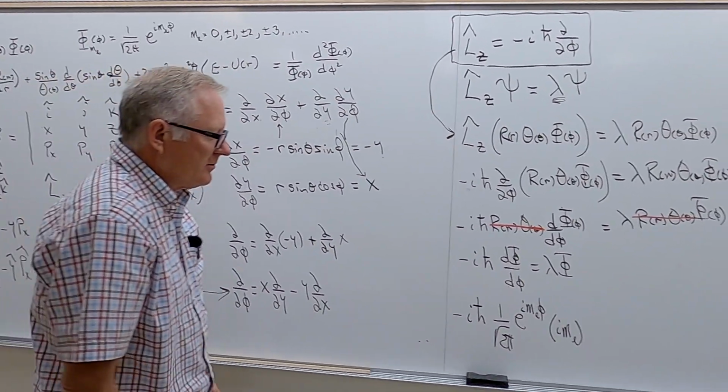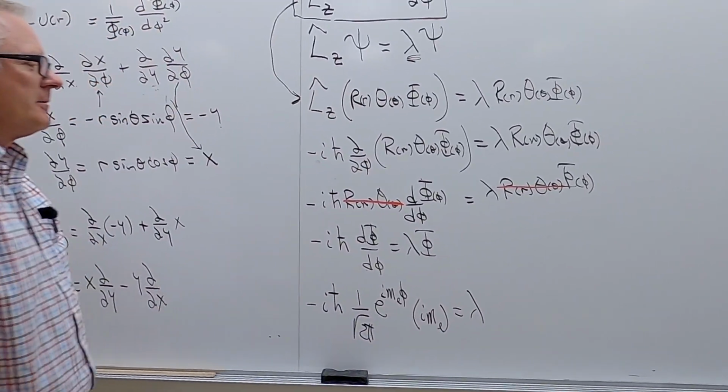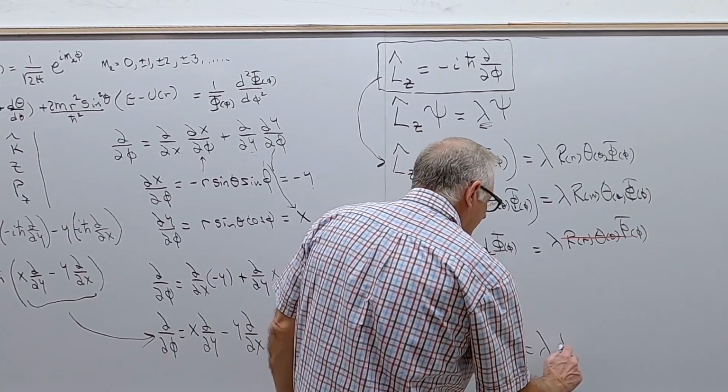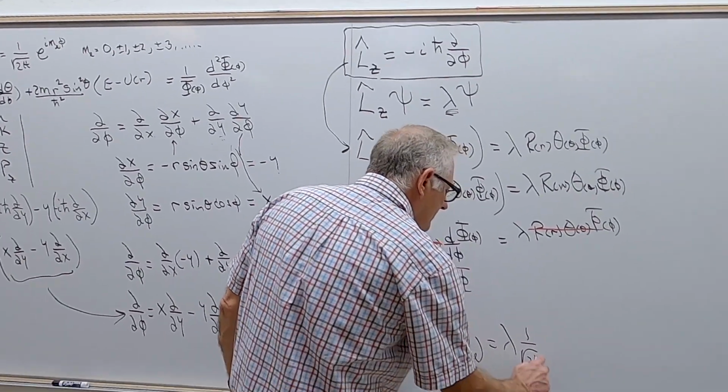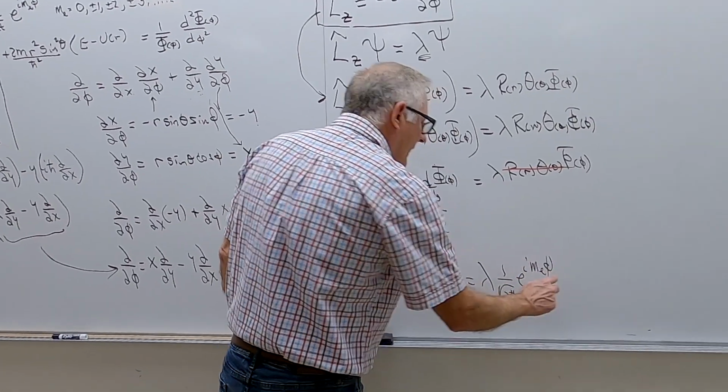And that equals lambda times my Phi, which is this again, 1 over the square root of 2 pi, e to the i m sub l phi.